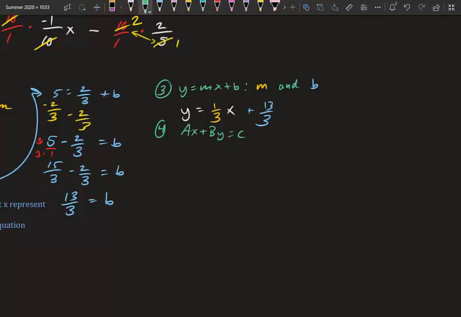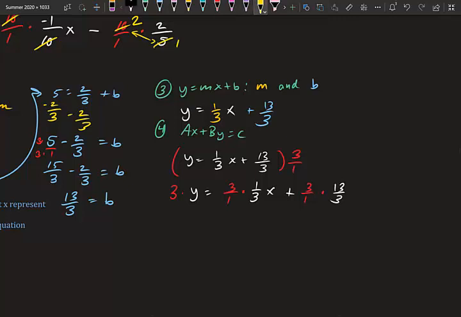So the first thing I'm going to do is get rid of those fractions. To get rid of the fractions, I'm going to multiply everything by 3. So everything is going to be multiplied by the denominator of 3. So we have 3 times y equals 3 over 1 times 1/3 x plus 3 over 1 times 13 over 3.